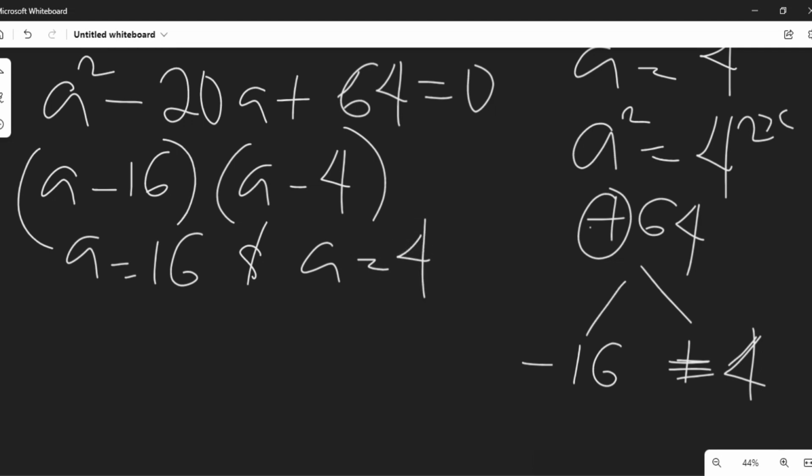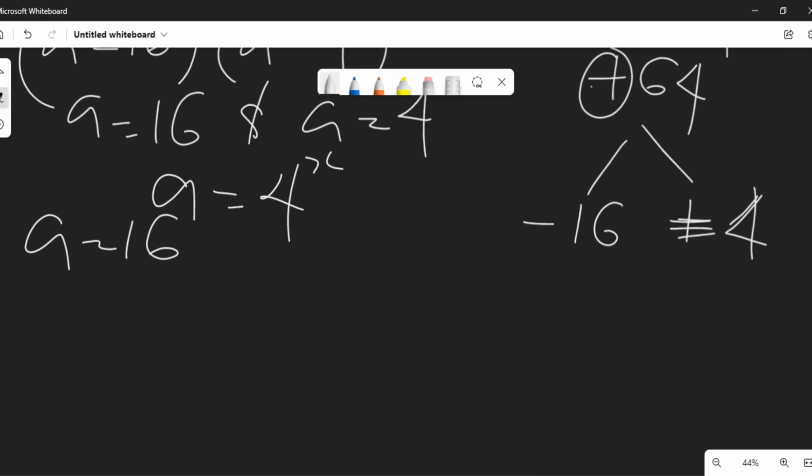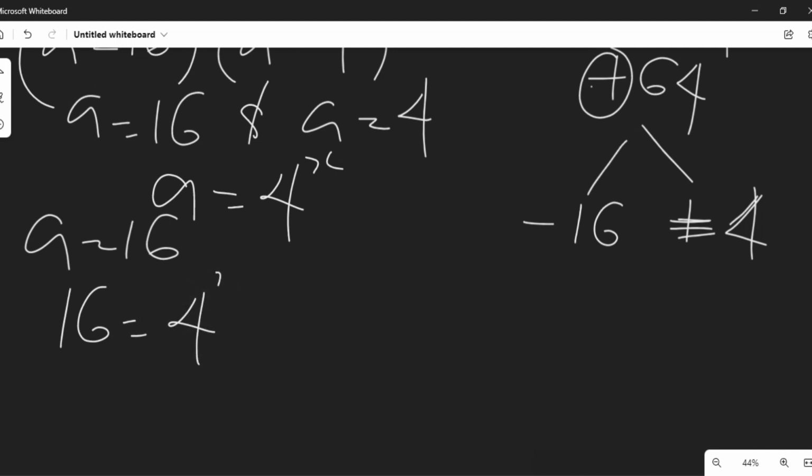Now recall that we said a is equal to 4 raised to power x. So if we take a to be equal to 16, we'll have 16 equal to 4 raised to power x.